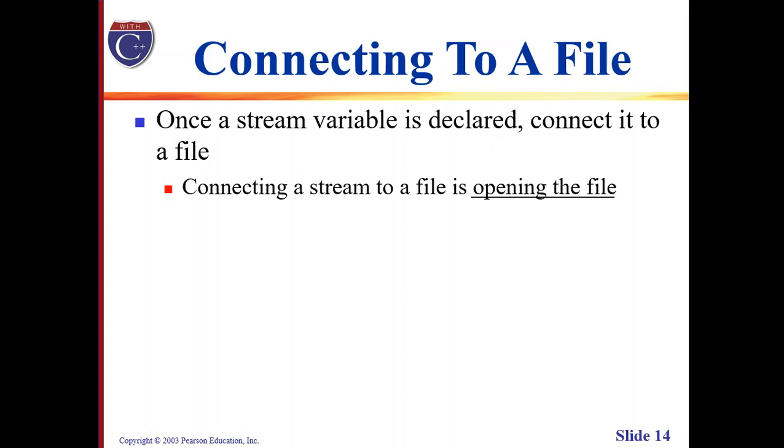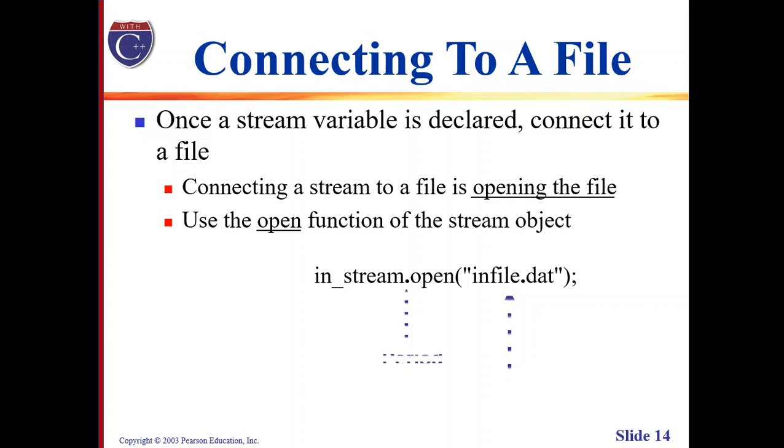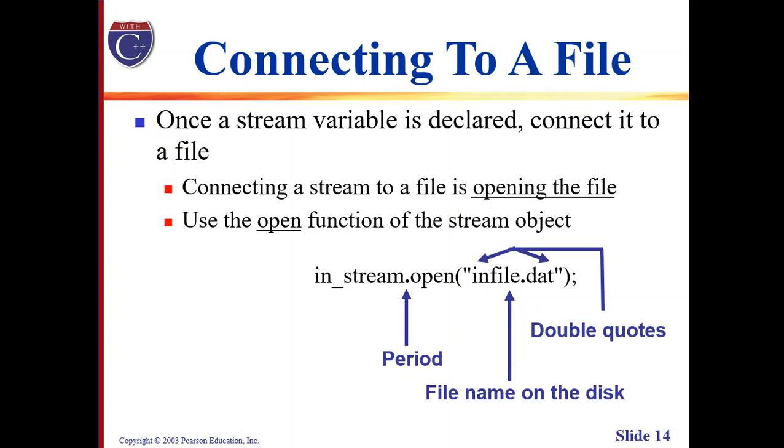So connecting a stream to a file would result in opening the file. Which means once a file is opened, it is now available for reading as well as writing an output. So we use the open function of the stream object. So here's an example. This is the ifstream variable that we declared. Then, to open the file that will be used for input, we will simply call its open function.